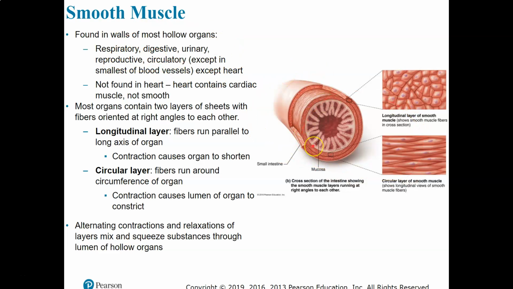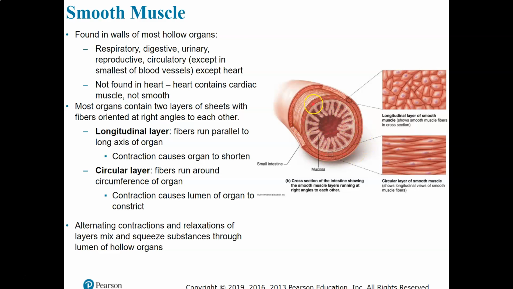When we look at most organs that contain smooth muscle, they're going to have two sheets of smooth muscle: what's called a longitudinal layer that's going to be parallel with the long axis of the organ, and a circular layer, which is going to go around the circumference of the organ. So longitudinal and circular.